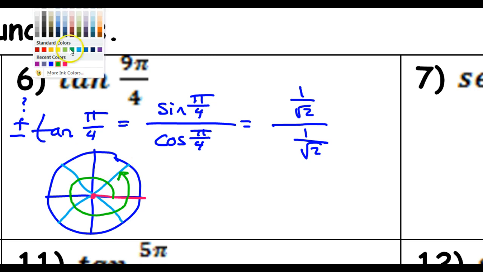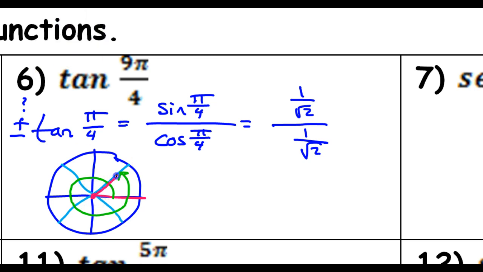Okay, so 9 pi over 4 is actually right here in the first quadrant. So in the first quadrant, sine and cosine are both positive. Alright, so that means tangent overall is going to remain positive. So no need for a negative sign. But anything divided by itself is 1. So that means this is going to equal 1.